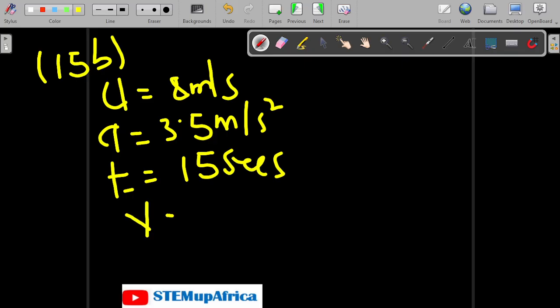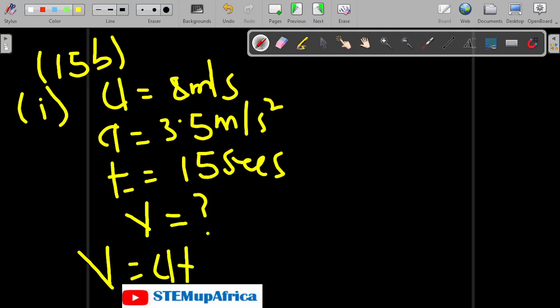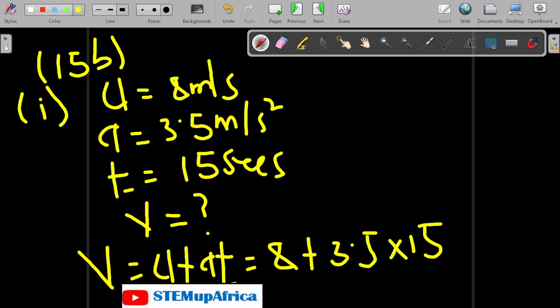So the final velocity now we don't know. This data satisfies the first equation of motion, which states that V equals U plus AT. So if I fix my values, I have 8 plus 3.5 times 15. Let's multiply 3.5 times 15, that will give us 52.5.